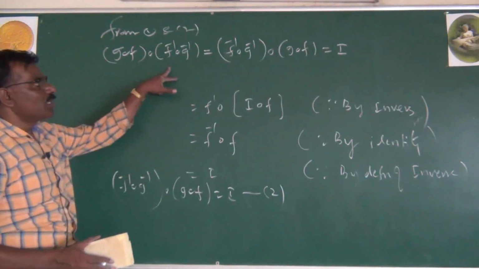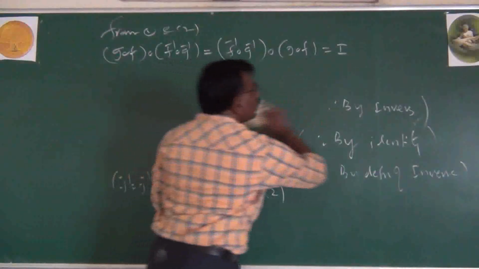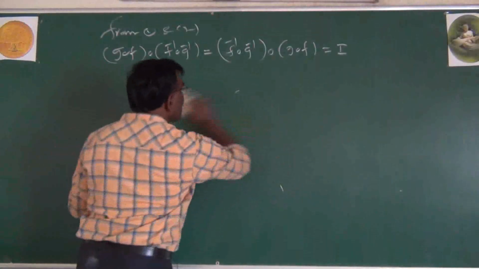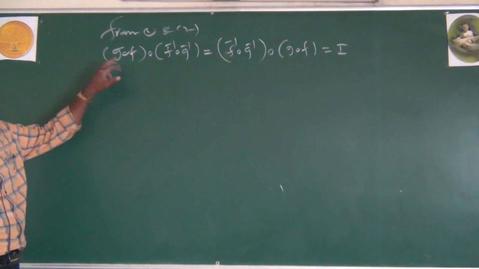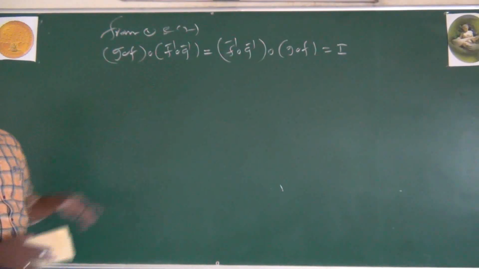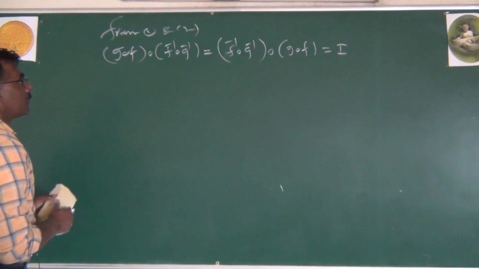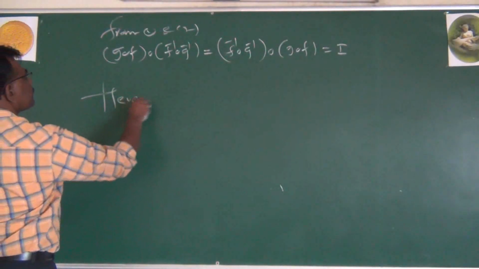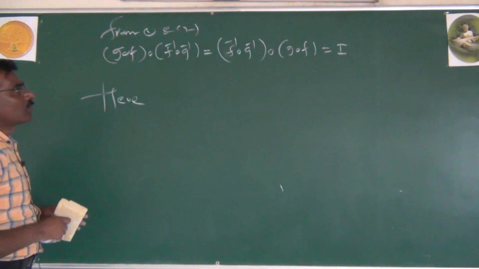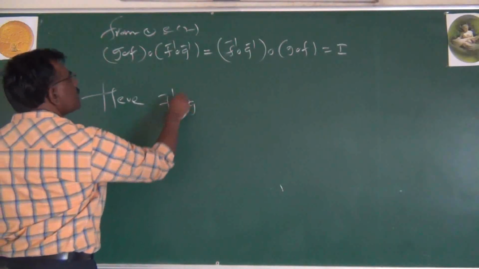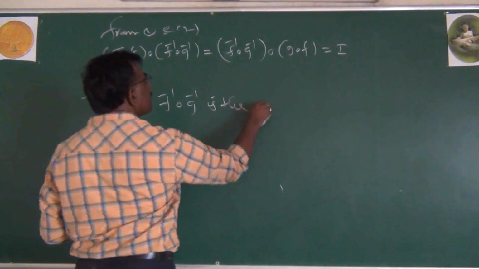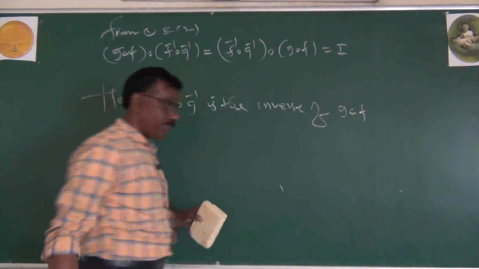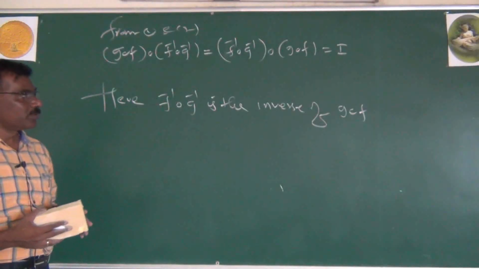That is, both AB and BA equal I. So what is this? f inverse composition g inverse is the inverse of g composition f.